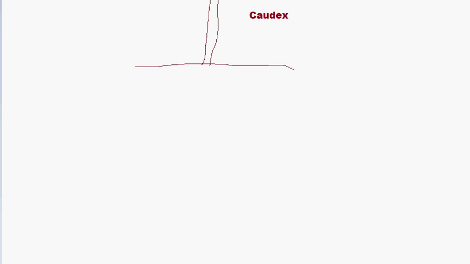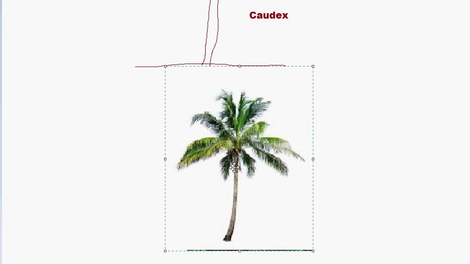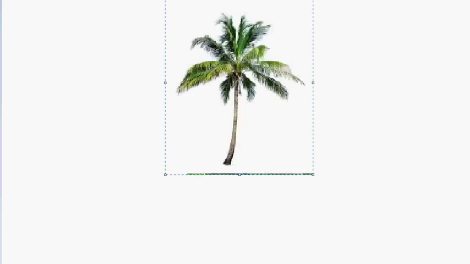Okay, now let us see the image of a coconut plant. I think it is quite common to use a coconut plant, but still let us see the image. This is the coconut plant. You can see no branches are there, and this stem is terminated by leaves, so we call it the caudex type of branch.